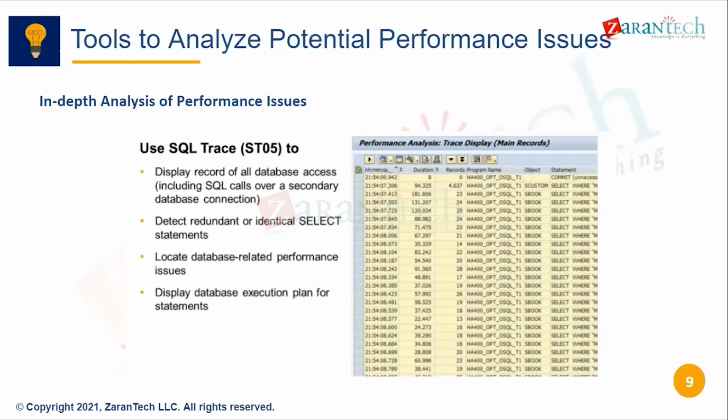Once we look at this report, we can easily identify which SELECT statement is taking more time. Based on that, we can revisit that statement and do the necessary optimizing steps. It displays the database execution plan for all the statements. This is a good T-code to use when you are analyzing a report or program for performance issues.